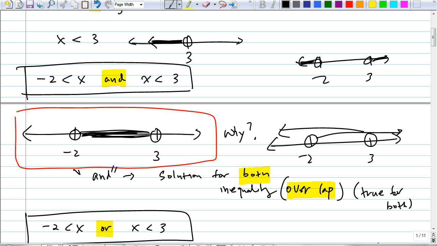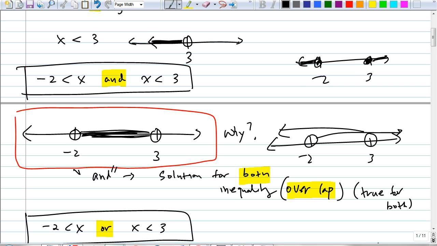You know what I'm talking about? They want you to include the solution of x greater than -2 with x less than 3, all of them together. What would all the solutions of both of them together look like? Sherry? Would it be the same as before, but with the circles shaded in? So you mean like this?